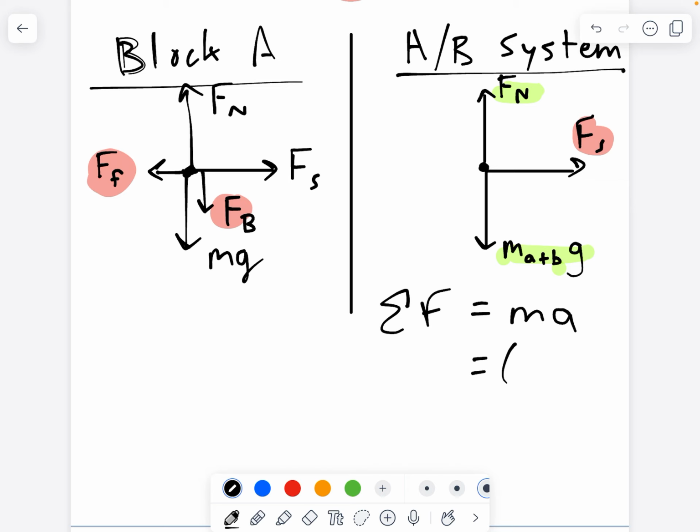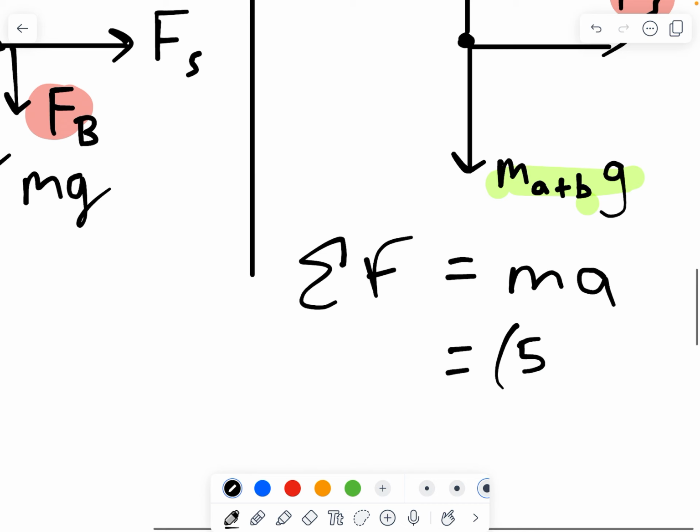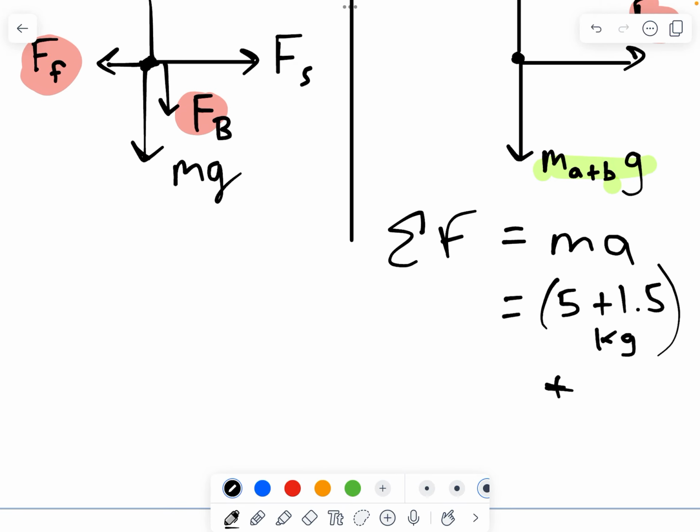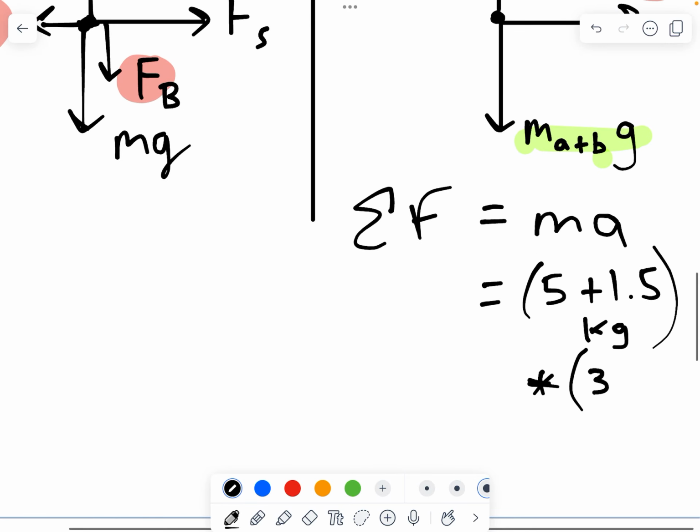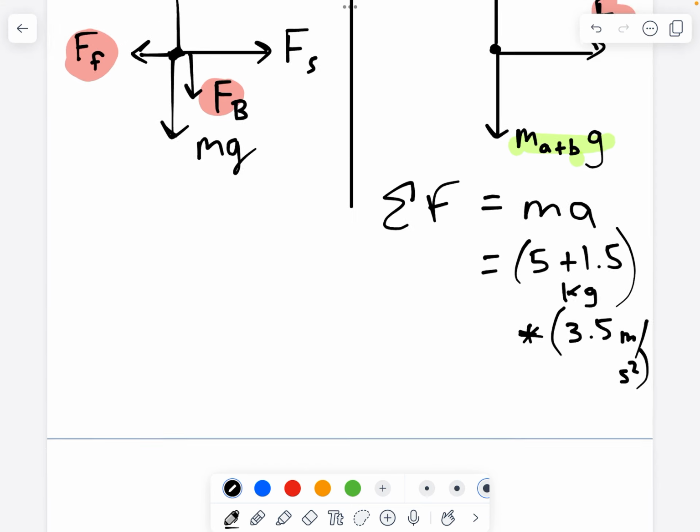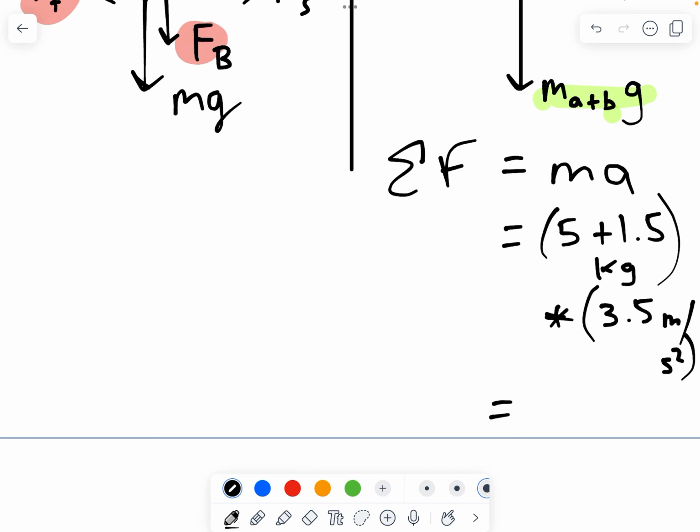So this would be 5 kilograms plus 1.5 kilograms, the mass of the system, multiplied by the acceleration of the system, which was 3.5 meters per second squared. That ends up being 6.5 times 3.5, and we'll figure that out later. And that is equal to Fs.